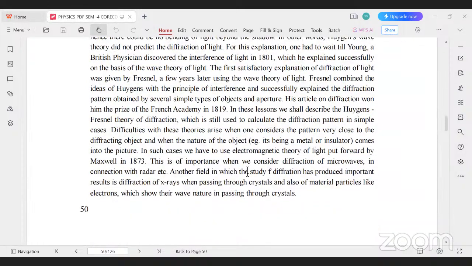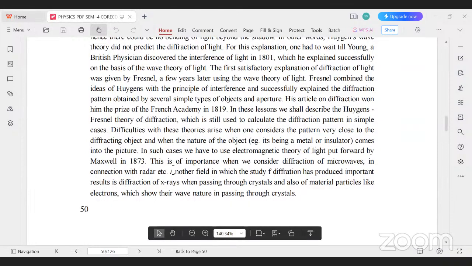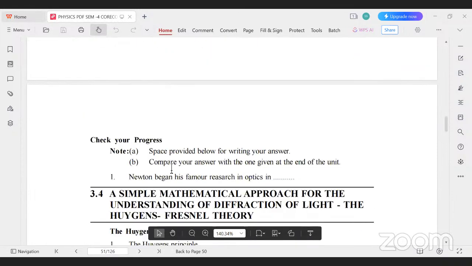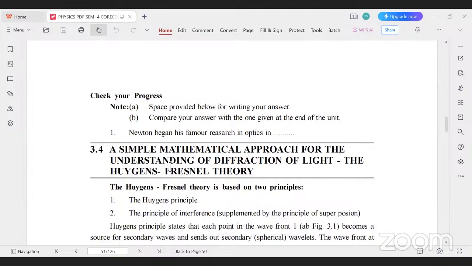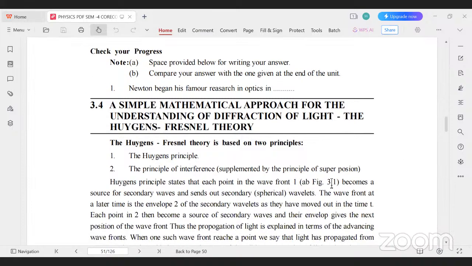Yesterday, I was explaining how the electromagnetic theory of light is used mathematically. Today, we need to discuss a simple mathematical approach for understanding diffraction of light, the Huygens and Fresnel theory. So what is the Huygens principle and what is the principle of interference?